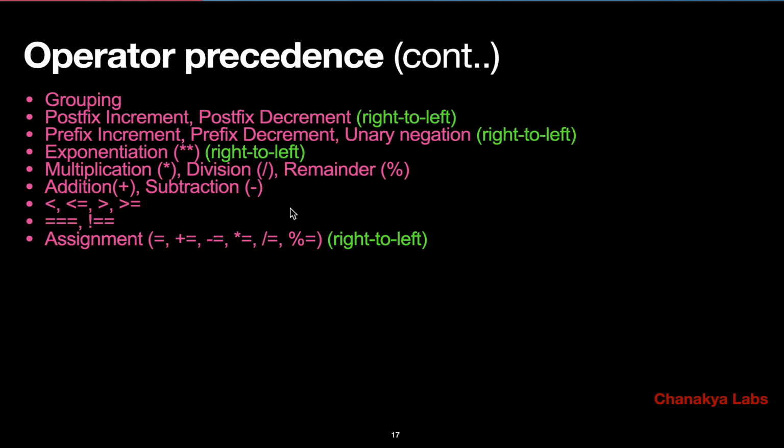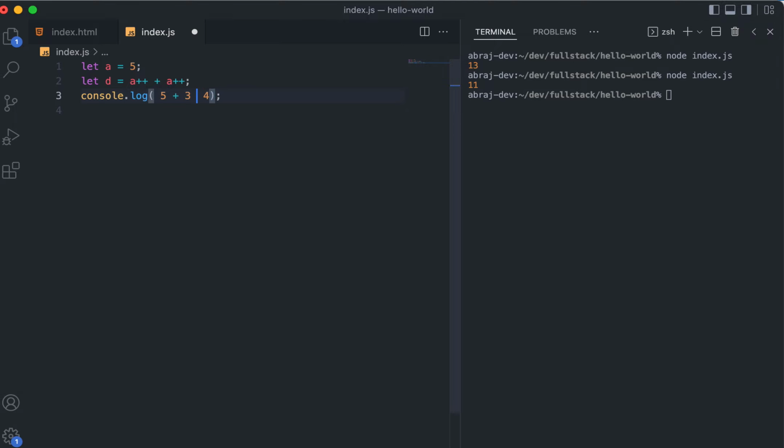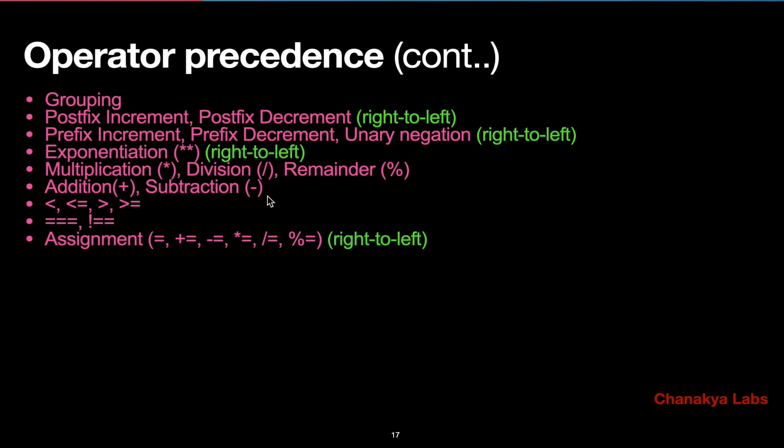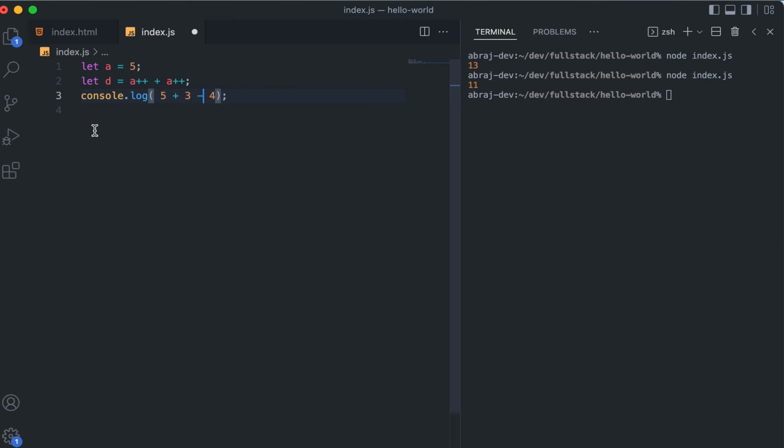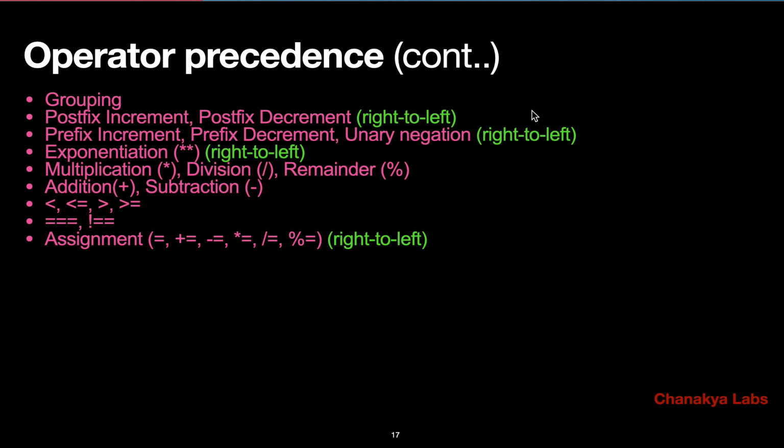So in this case you will see that later it is written that addition and subtraction are having the same priority, which means that if you have this, then this expression will be evaluated, but how? That will be evaluated from left to right. You can see that at some places it is written right to left. In that case the evaluation is from right to left.